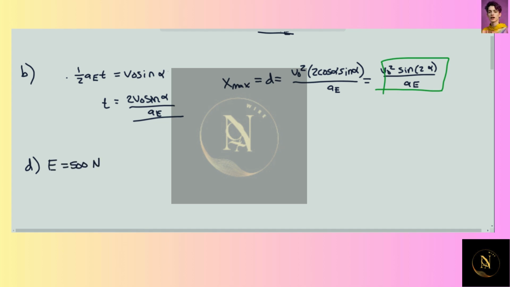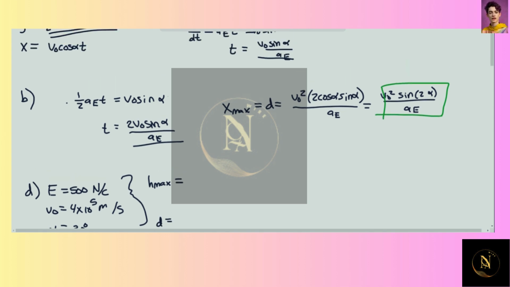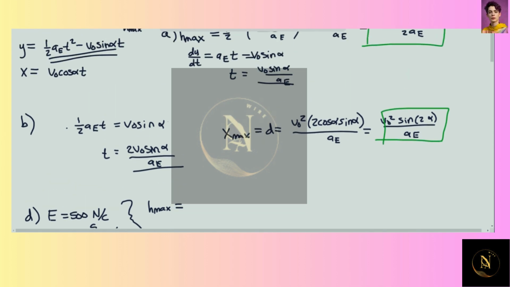And D, the last part, we're given that the electric field has a constant magnitude of 500 newtons per coulomb. The initial velocity has a value of 4 times 10 to the 5th meters per second, and alpha is 30 degrees. I want to take these values and plug them in for H max and D. H max we had was negative v sub 0 squared sine squared alpha over 2 a sub e.